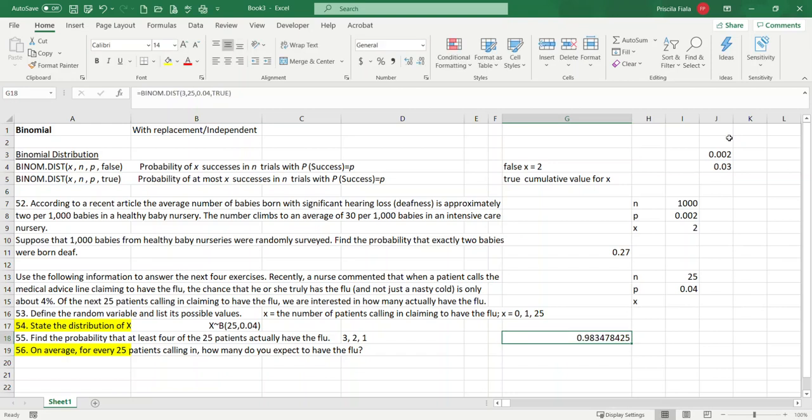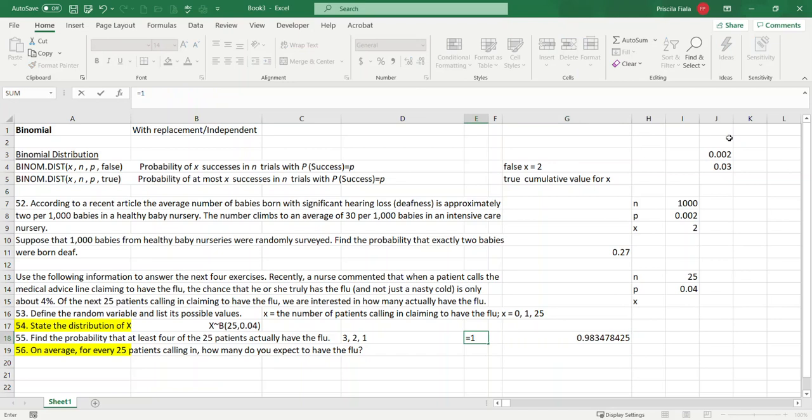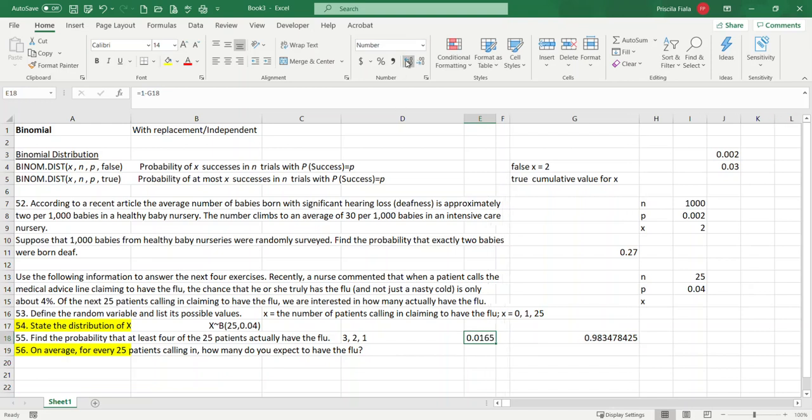So you get this, but remember, you want at least, so 1 minus that, you have about 2%, or 1.65%. It really depends how many decimals you put.